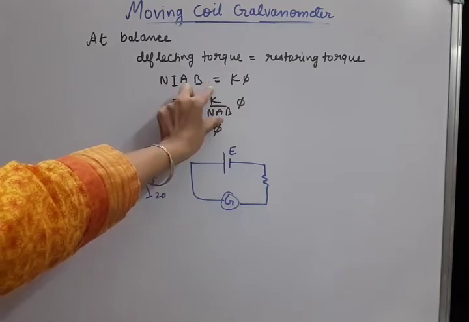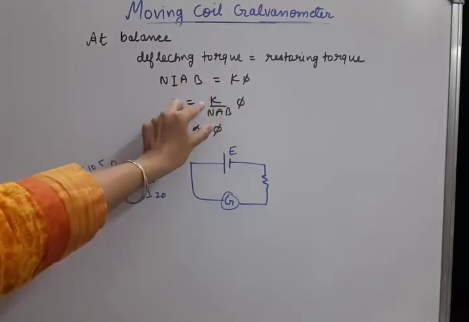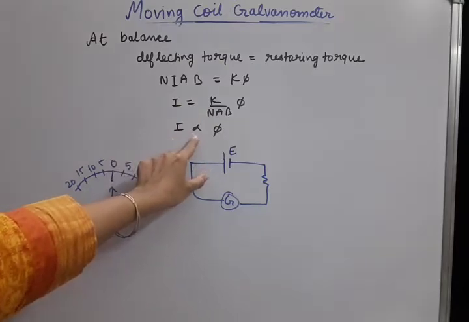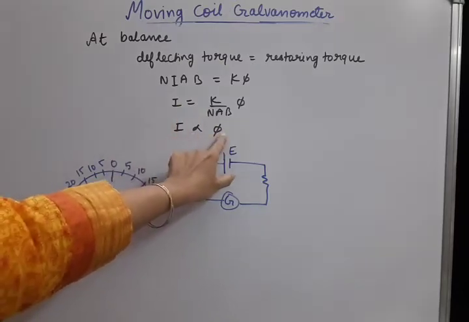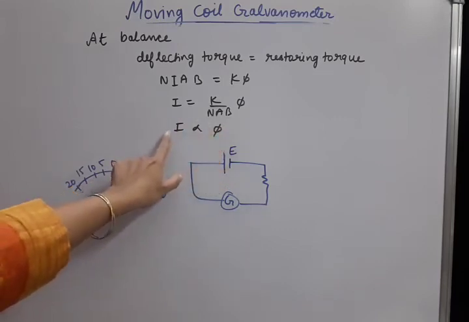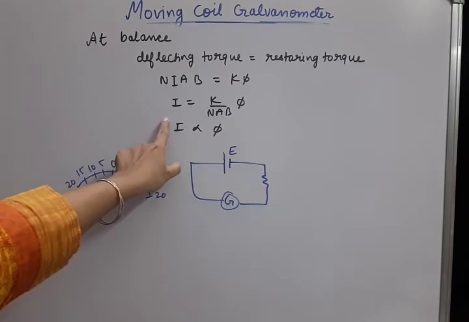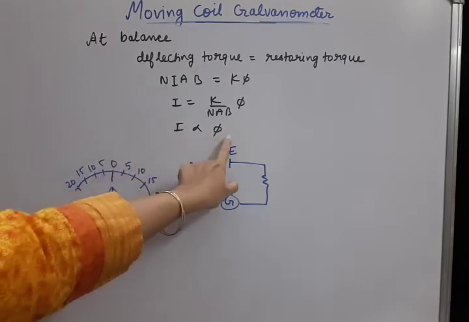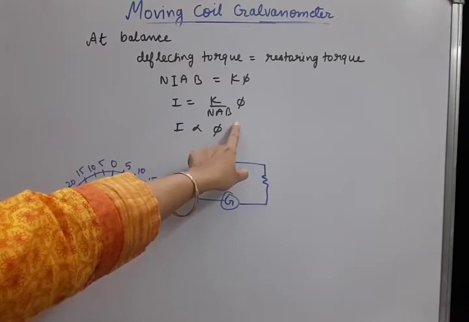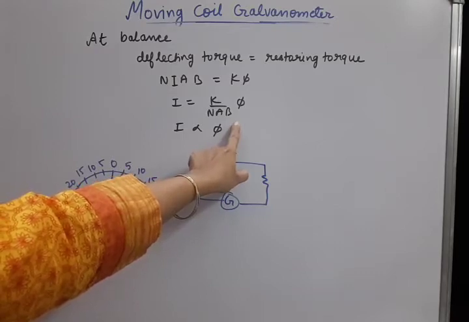So all these terms are constants. That's why, removing this constant, we can write the proportional sign. So this way we have proved that current and deflecting angle are proportional. The meaning is, the more current we pass in the galvanometer, the more will be the deflection of the pointer on the scale. Actually the deflection of the coil.